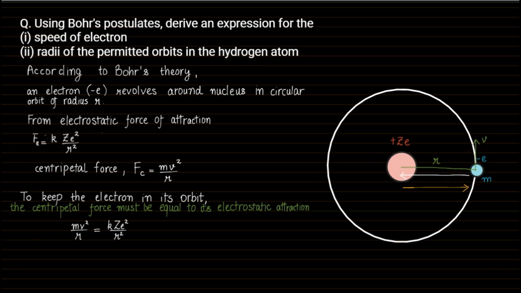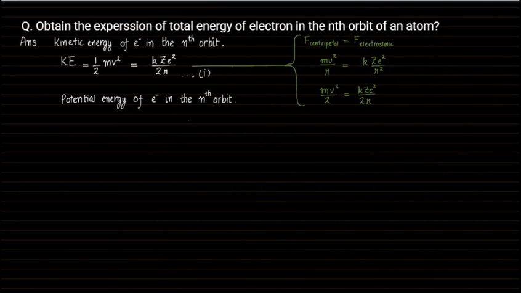The potential energy of the electron in the nth orbit can be written as, the potential expression we know is k times Q1 Q2 upon r, where Q1 is the source charge, Q2 is the test charge, and r is the distance between the two charges.